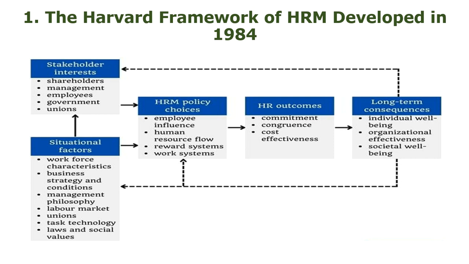This HR model directs the HR team to develop HR management policies by forecasting stakeholders' interests and situational factors, which leads to better HR outcomes and long-term consequences. Although this is an archaic model, present HR practices find their roots in it.